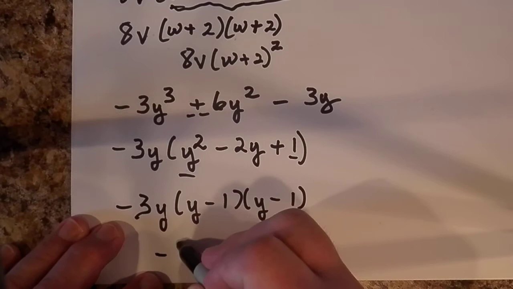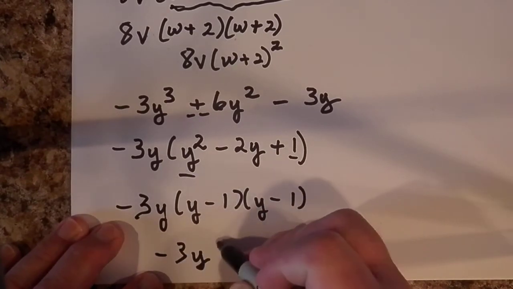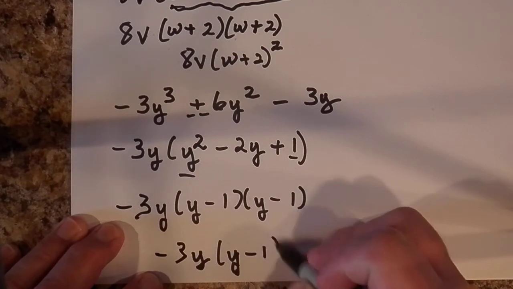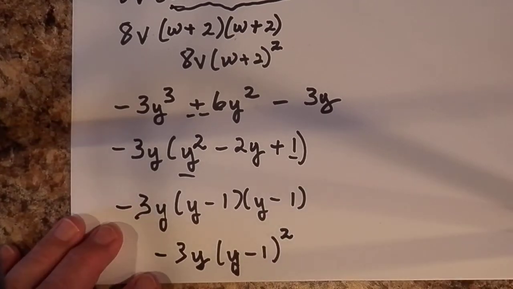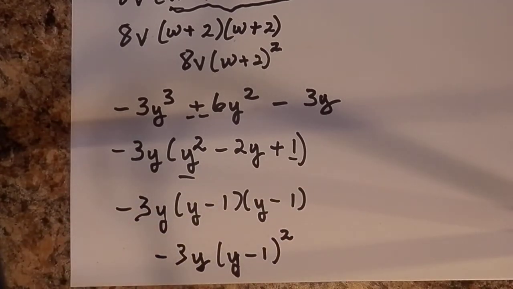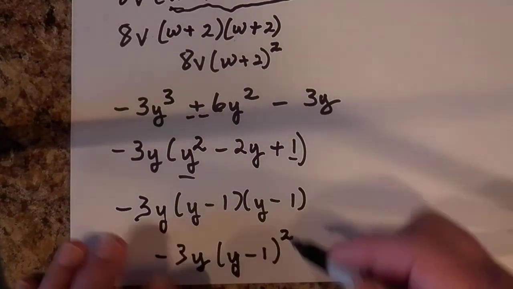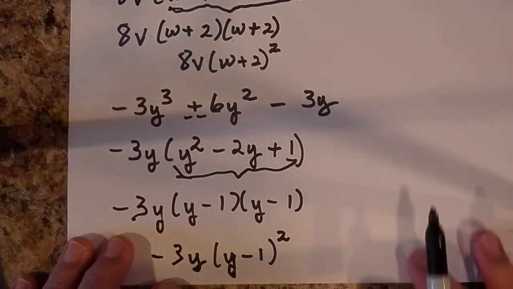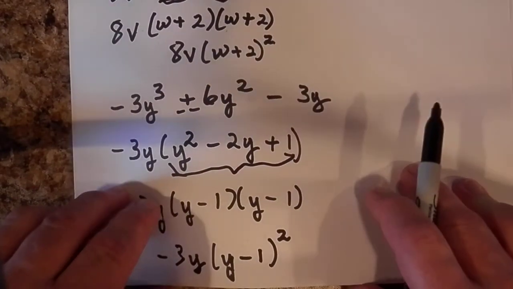So I can simplify this as negative 3y times y minus 1 squared. So again, this is the perfect square, and it factors as the square of a binomial.